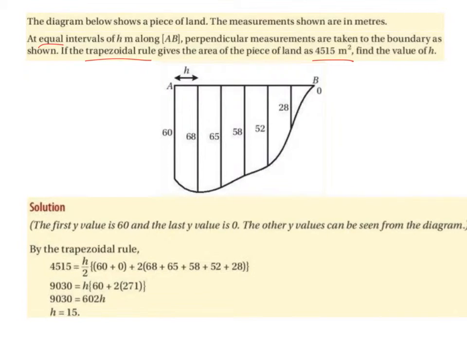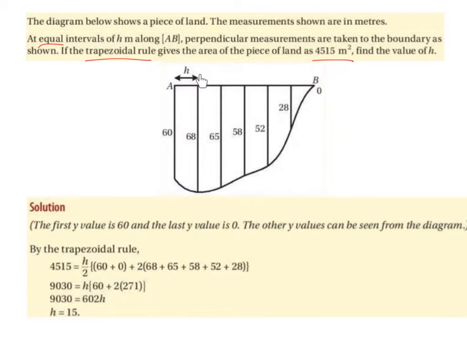So we know that the area of the piece of land is 4,515 meters squared. So we've got 4,515 is equal to h over 2 multiplied by the first, which is 60, plus the last, which is 0, plus 2 times the rest.